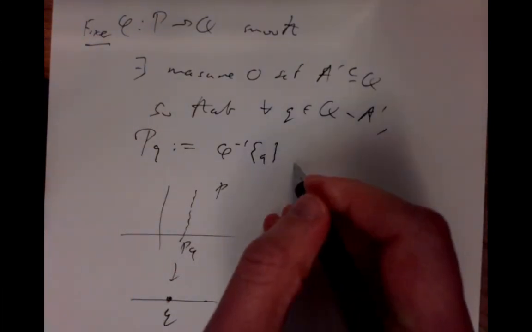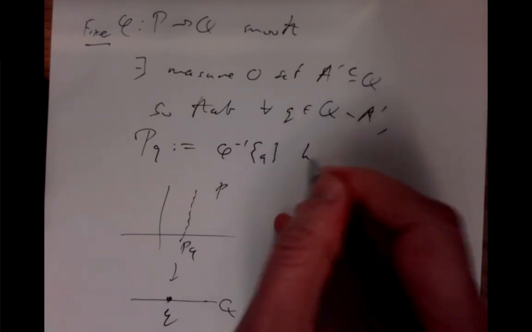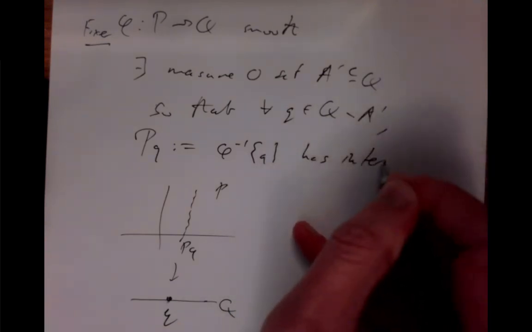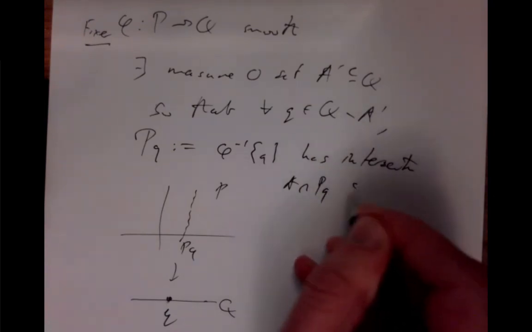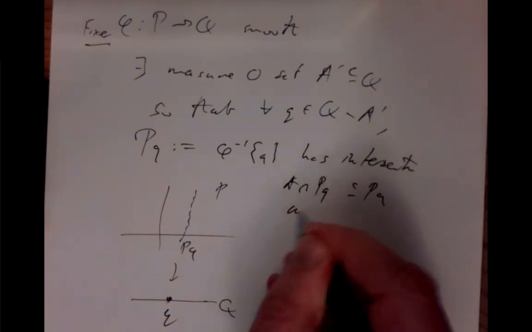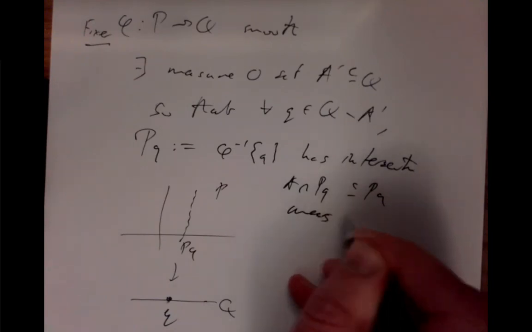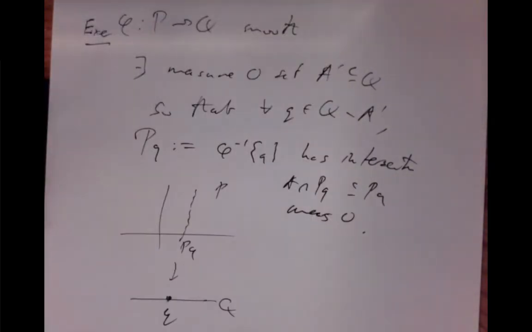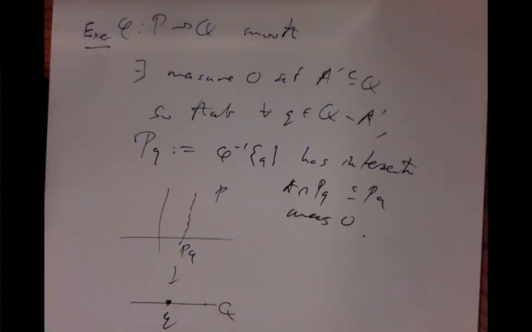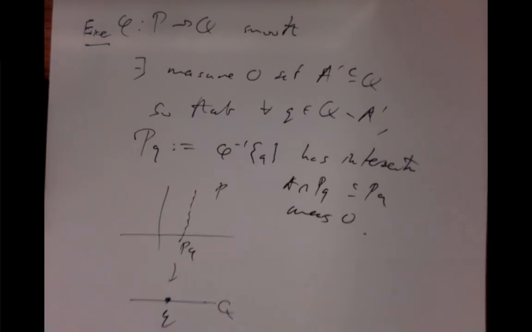This guy has intersection A intersect P_q contained in P_q of measure 0. It's measure 0 in P_q. So that's a nice fact, which I'll leave you to check why it's true. It's essentially the same thing I already said about Euclidean space, so it's not hard. So let's see if we can use this to do something not completely obvious.